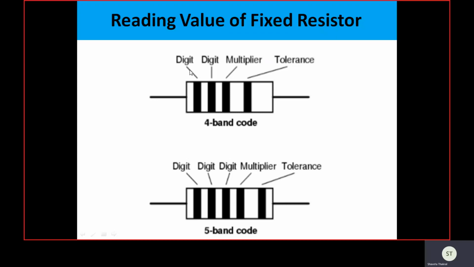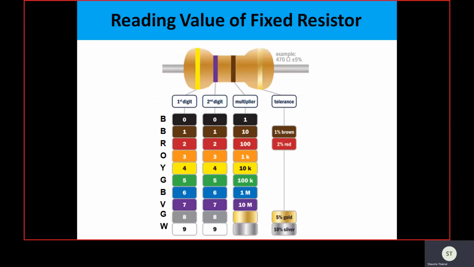So the first 2 color bands are taken as the first 2 digits, the 3rd band is taken as the multiplier, and the 4th band is considered for the tolerance. And in the case of the 5-band code, the first 3 digit values are taken as they are, the 4th band value is considered as the multiplier, and the 5th color band is considered as tolerance.